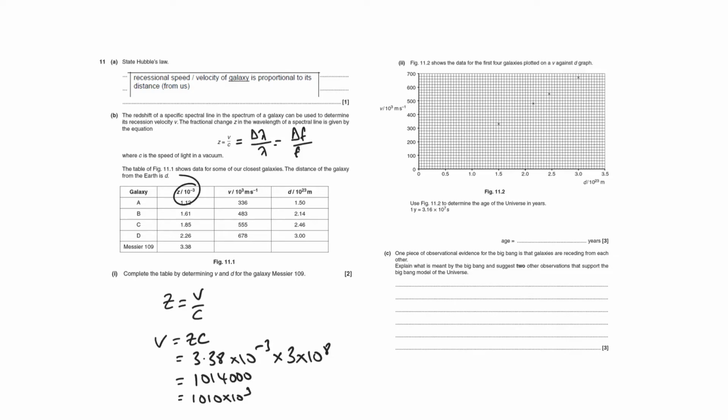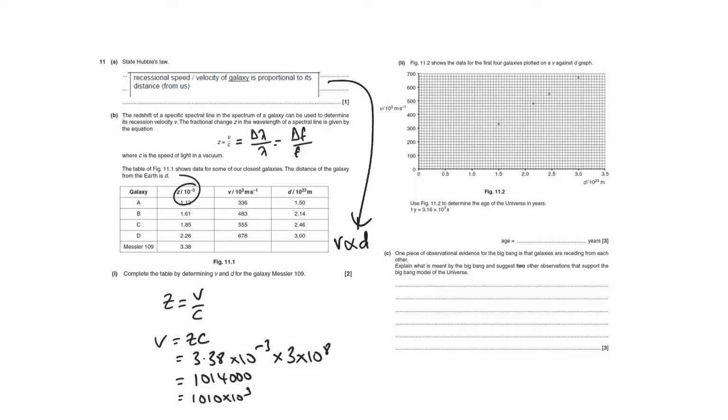To find d, it might take a little bit more thinking outside the box, but we know that v is proportional to d, and the clue is from the first question. We're probably going to have to use something to do with Hubble's law. So we've got a couple of extra values for v and d from other galaxies.